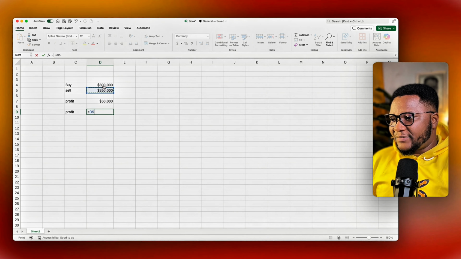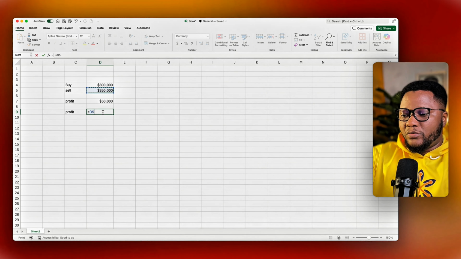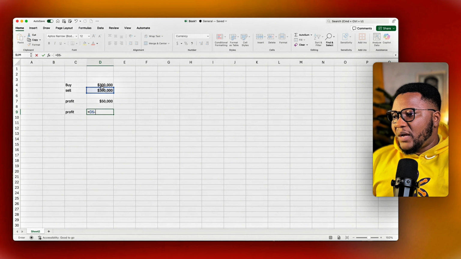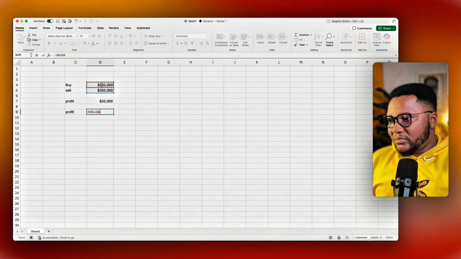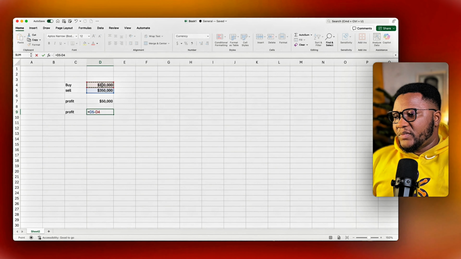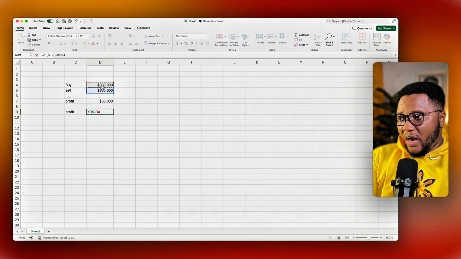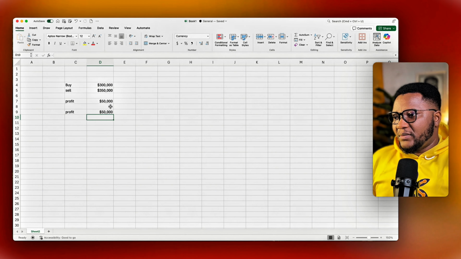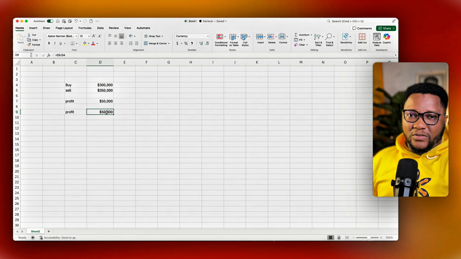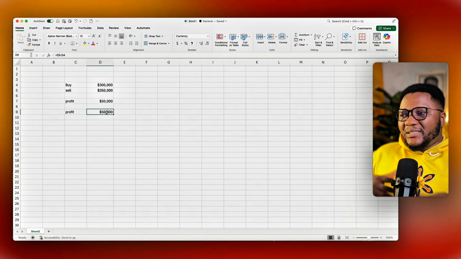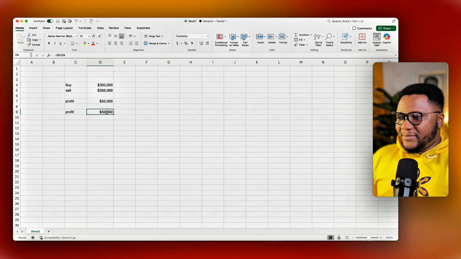So it's on D5. Then I'll now do minus. I'll now click on buy, which is column what? D4. Then I'll press enter. So you see I still got $350,000. Now this is cell referencing, right?